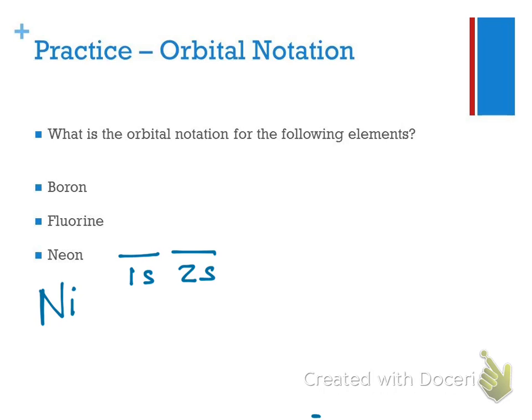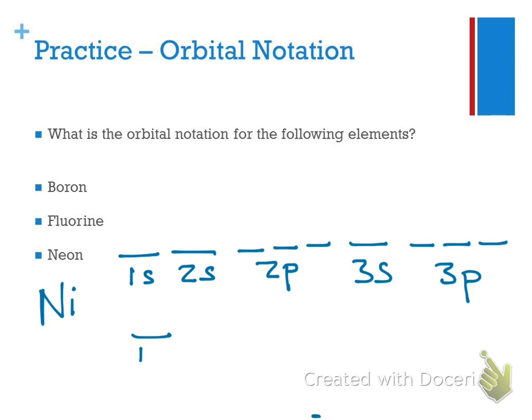So this is our orbital notation for nickel. Tell me what orbital group nickel is in? 3d, right? It's in the 3d orbitals. How many total electrons could the d orbitals hold? 10. Good. So we need 5 lines.